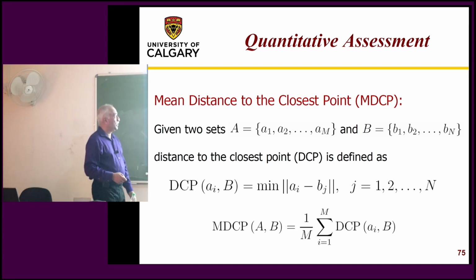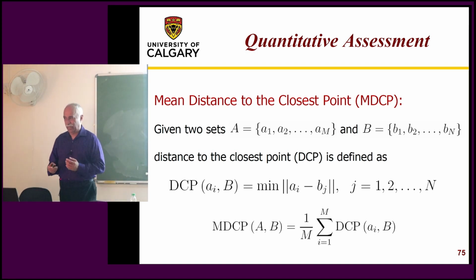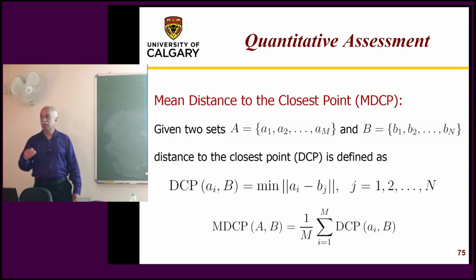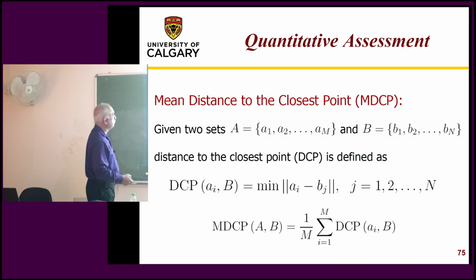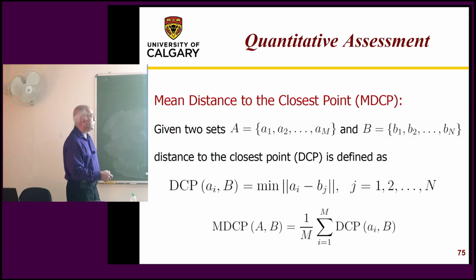Perhaps the mean distance to closest point is a fairer measure. It says, given two sets A and B, one is your detected contour or boundary, and the other is the reference B. The distance to the closest point is defined as the min of |Ai minus Bj| over all j.